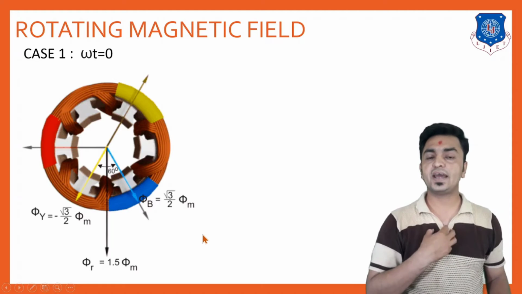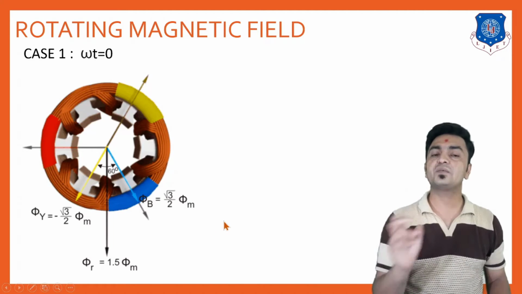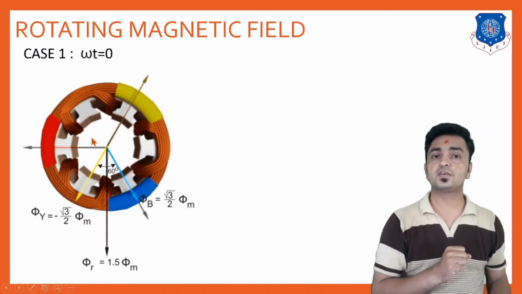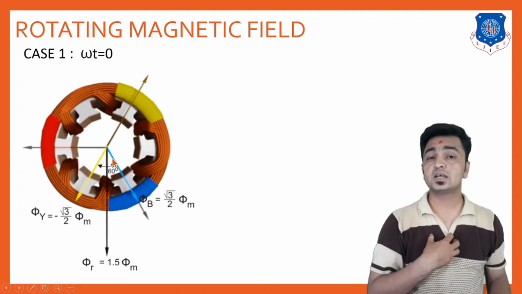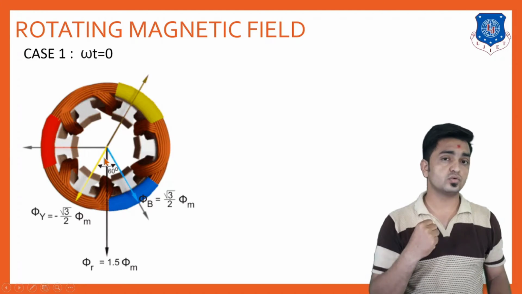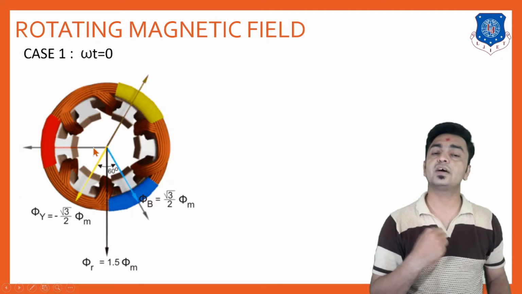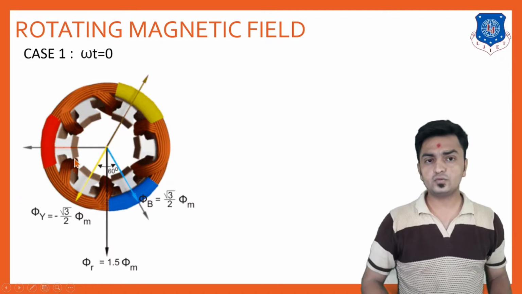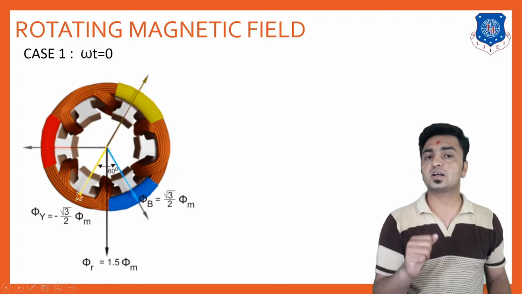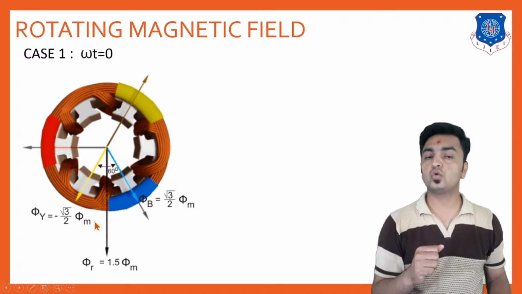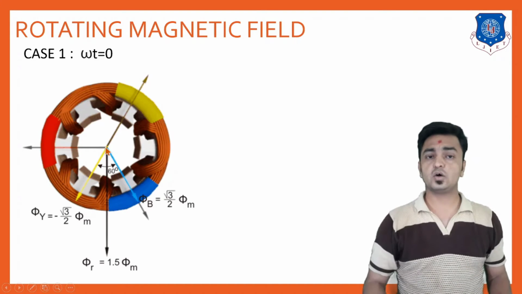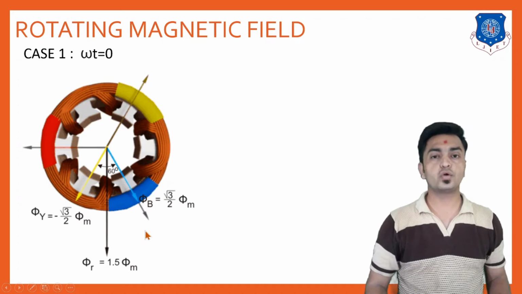Now if we add phi r, phi y and phi b, first of all, this phi r component has a value equal to 0. The second and third components are minus root 3 by 2 phi m over here, and root 3 by 2 into phi m over here.